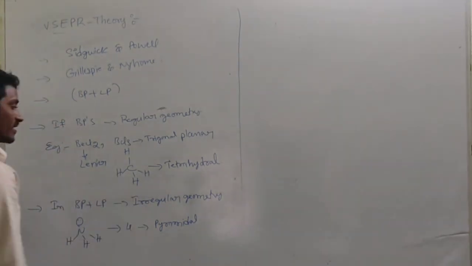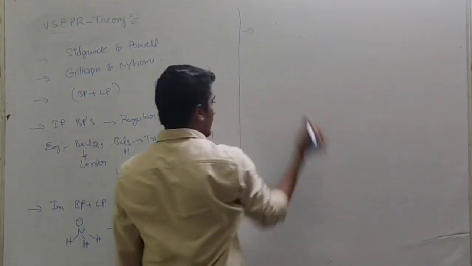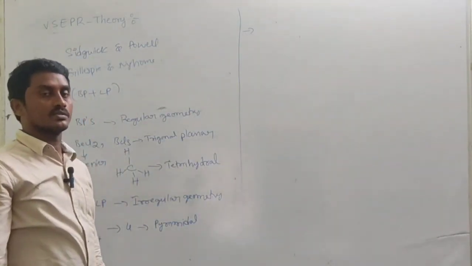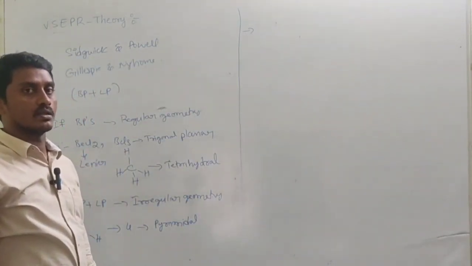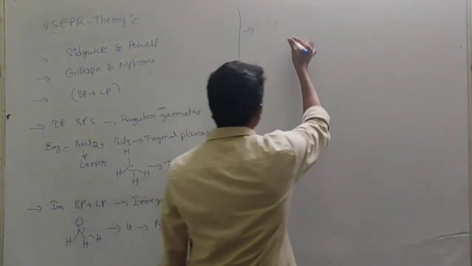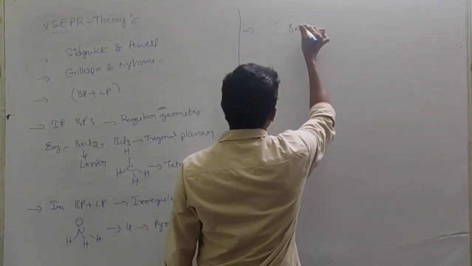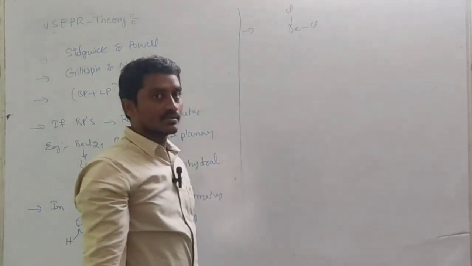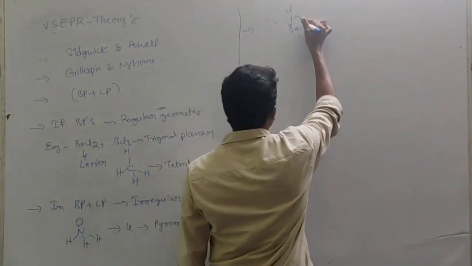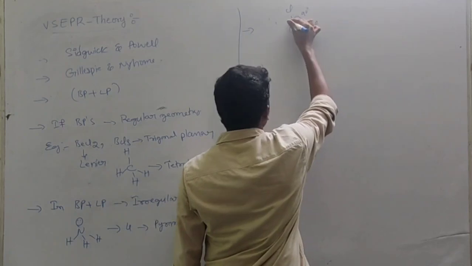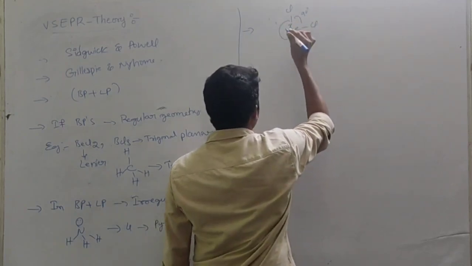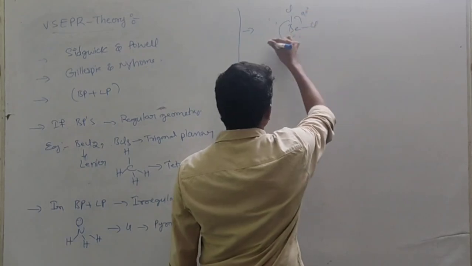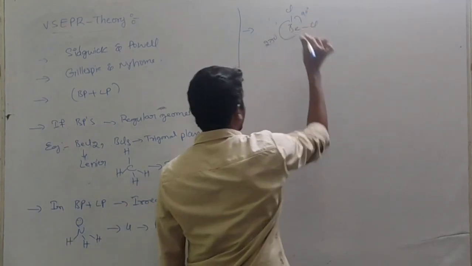From that we can conclude that these pairs of electrons around the central atom repel each other. For example, why does beryllium chloride not exist like this? Here the bond angle is 90, here more than 90, plus 270.